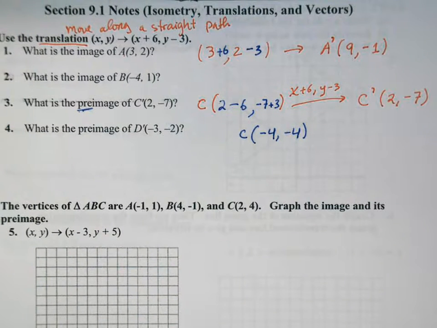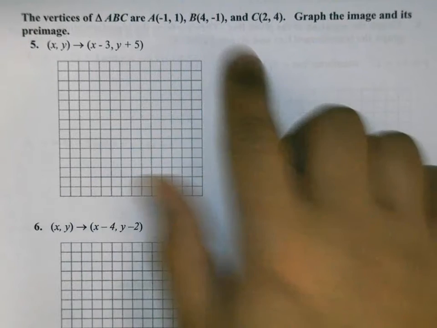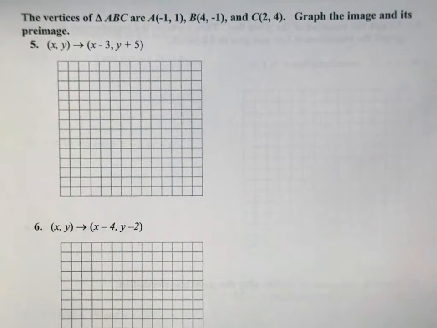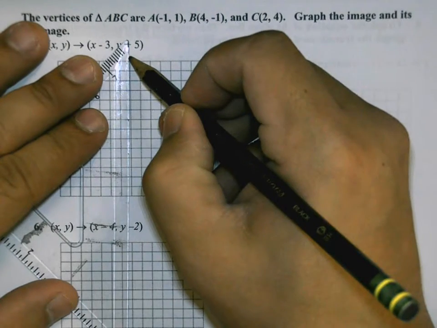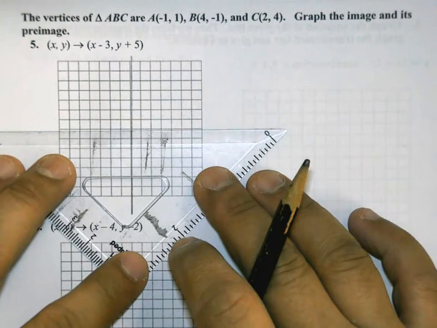So that's a very brief introduction to translation and isometries. Now let's look at an example on an xy coordinate plane. We have this triangle ABC, and we want to graph both its image and its pre-image. Let's start by drawing some xy axes.